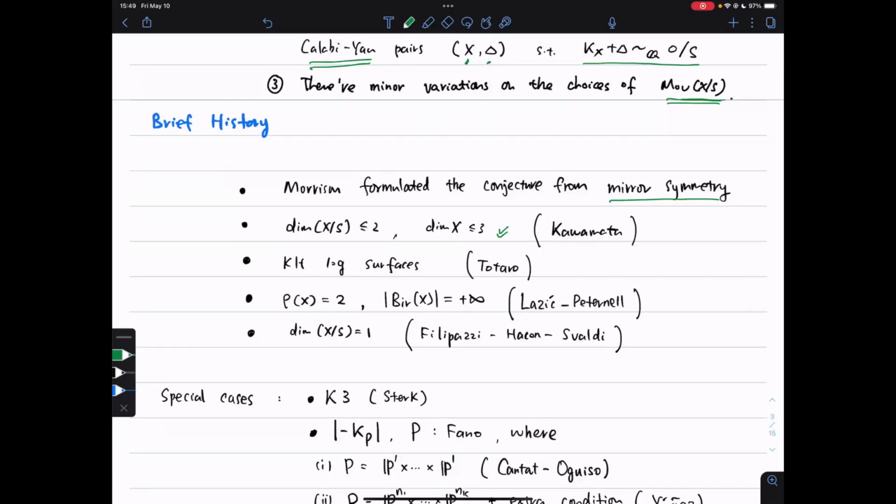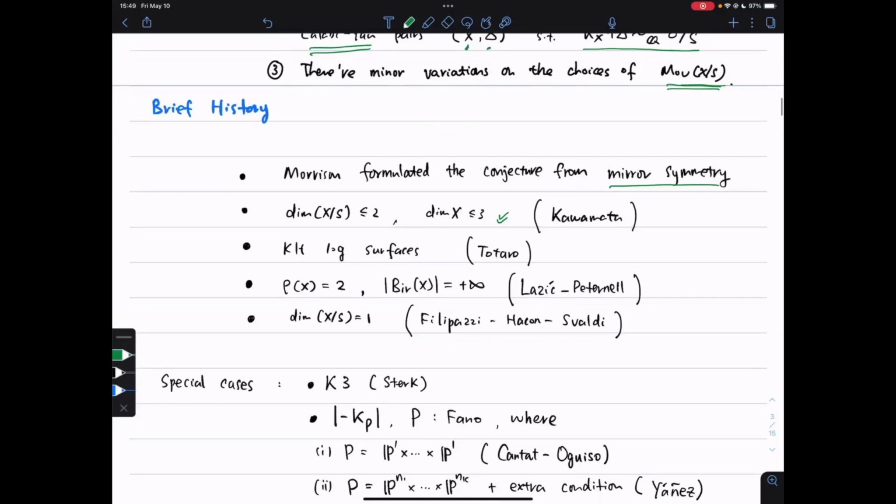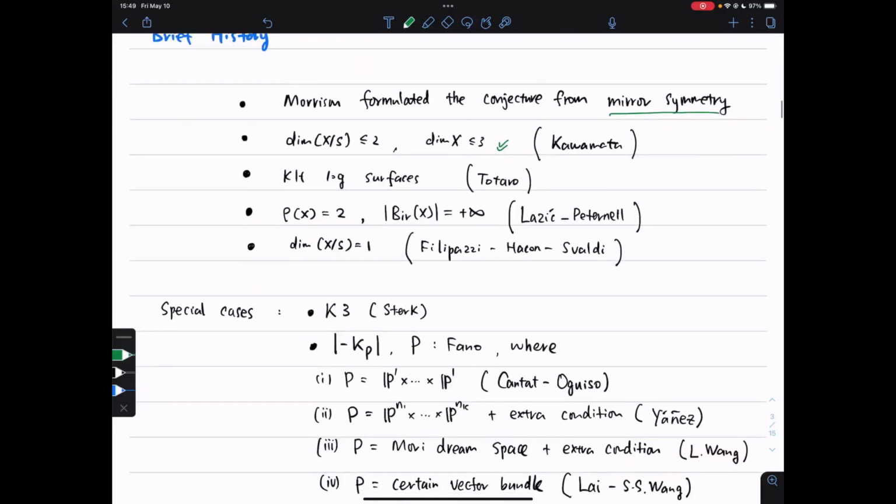Later, Totaro established it for KLT log surfaces, and Lazić-Peternell for Picard number 2 and the birational group is infinite, and also very recently, the conjecture has been proved for elliptic fibrations.